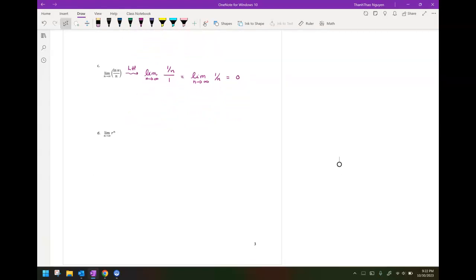The limit as n approaches infinity of r to the n. So here we basically have an exponential function. Let's consider case 1, where r is greater than 1, and case 2, where r is between 0 and 1.